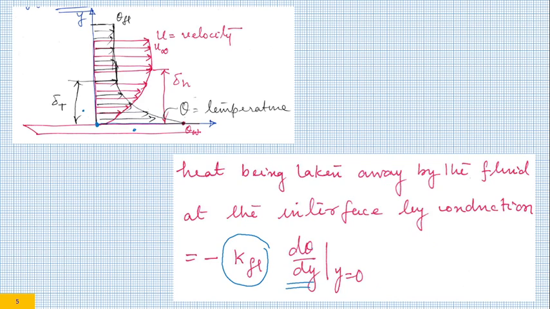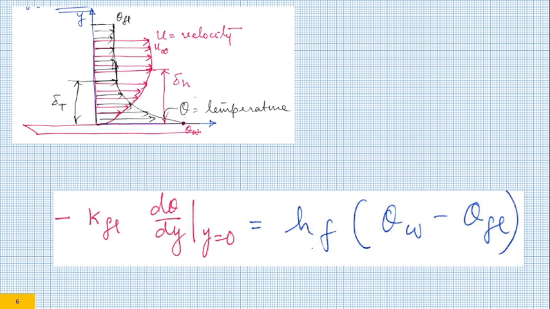Why is it conduction? Because at the interface of fluid and the plate there is no slip velocity. The fluid velocity is that of the plate, and the plate is resting, so it is 0. So the fluid is not moving with respect to the plate, so it is conduction.